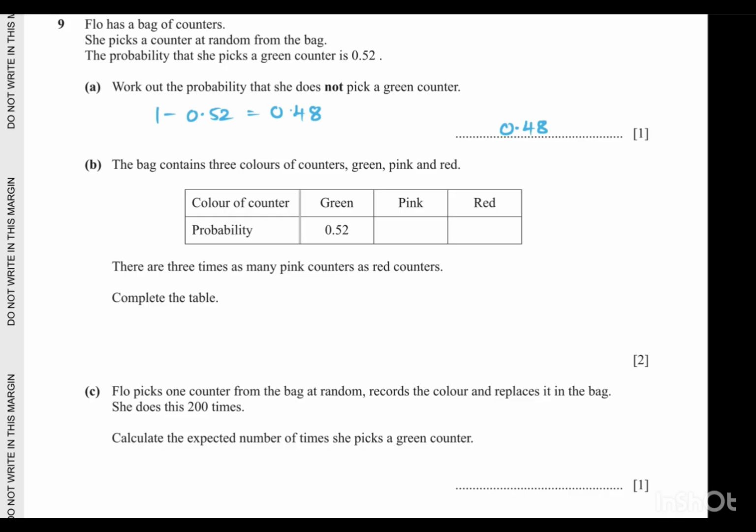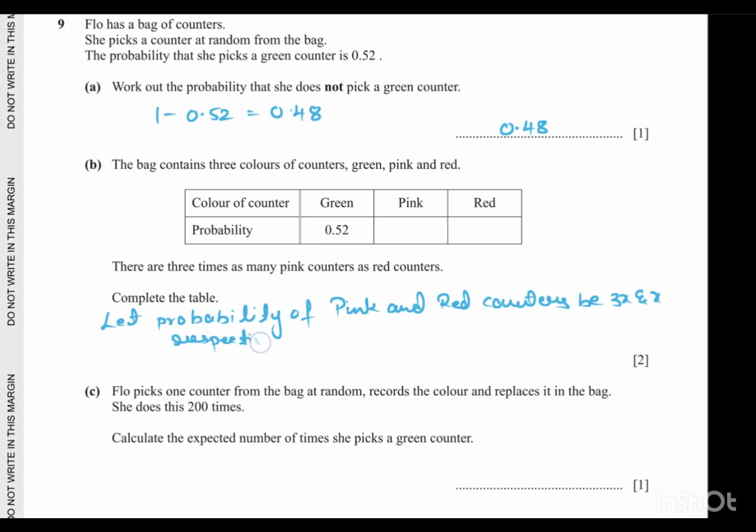So let the probability of pink and red counters be 3x and x respectively.